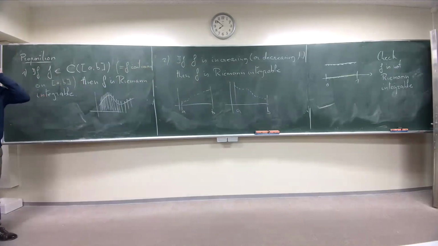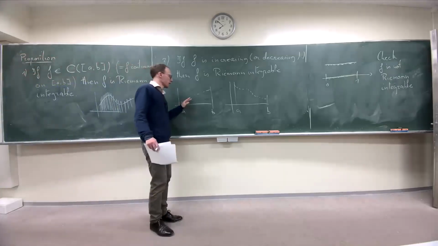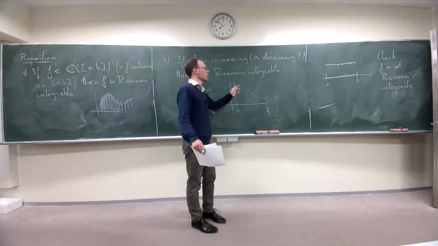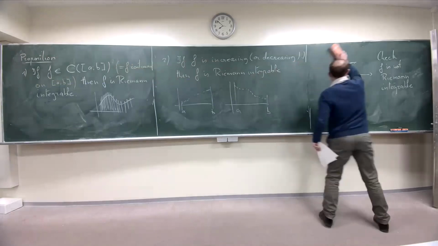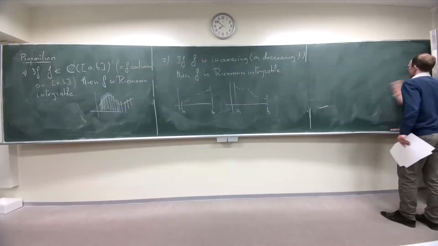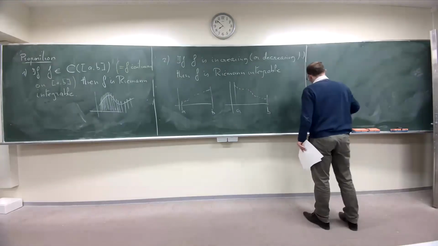So this is something you should remember with the definition of Riemann integrability. All continuous functions are Riemann integrable. All increasing or decreasing functions are Riemann integrable. Let me give you a third example, just for fun, and you can try to prove it. It's easy.